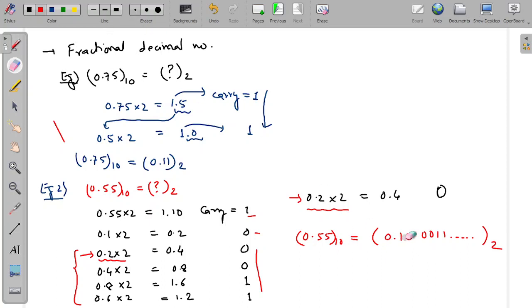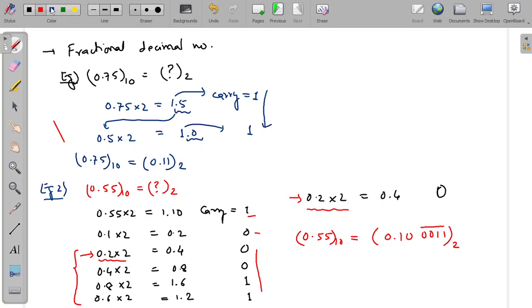One thing we can also do is put a bar on this portion 0 0 1 1, which will indicate that this portion 0 0 1 1 will come over and over again after this. So it will be like this: 0.10 0 0 11 0 0 11 0 0 11, and it will go like this.